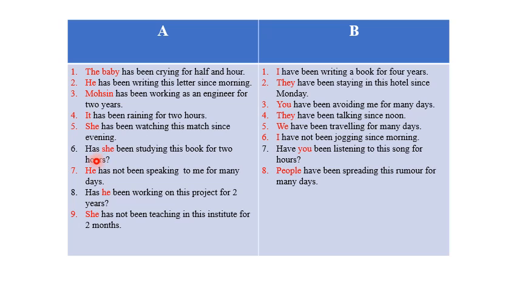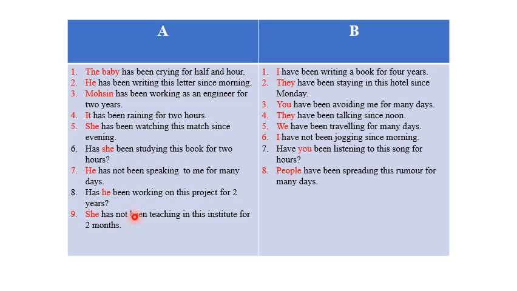We put has at the beginning of the sentence, after it the subject, been and studying are at their own place, and then the sentence would continue in the similar fashion, and then we would put a question mark at the end. He has not been speaking to me for many days. This is a negative sentence, and we have put not after has.